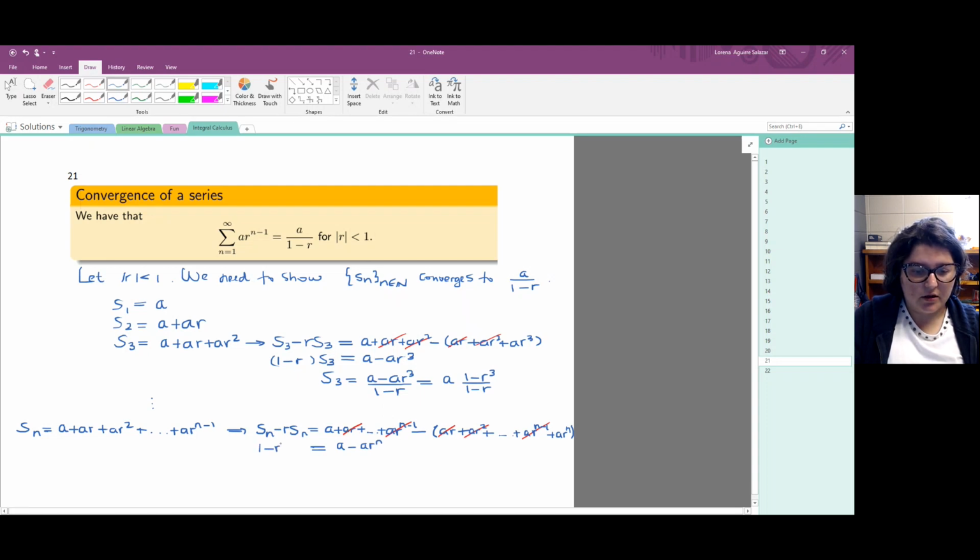So 1 minus r times Sn is equal to a minus a times r to the n. That means that Sn is a minus a times r to the n divided by 1 minus r. Or same thing, a times 1 minus r to the n divided by 1 minus r.